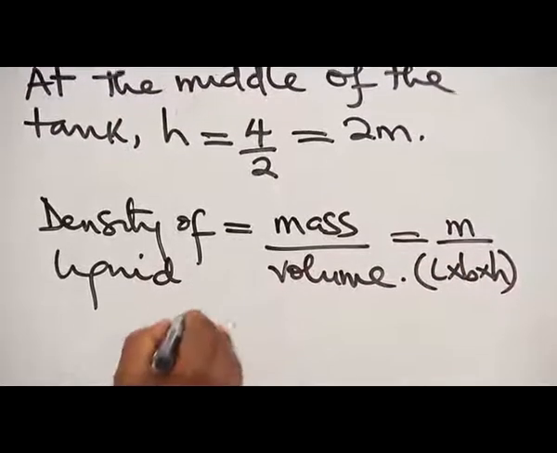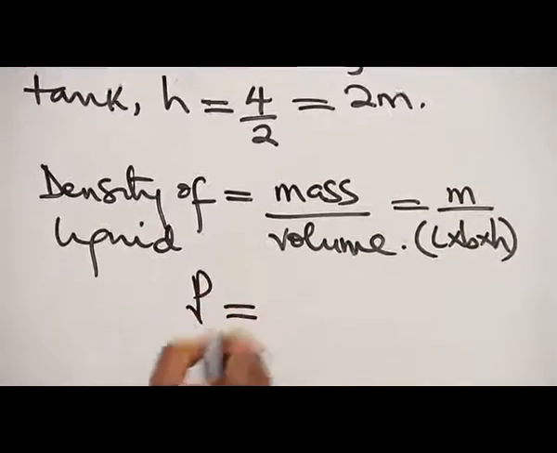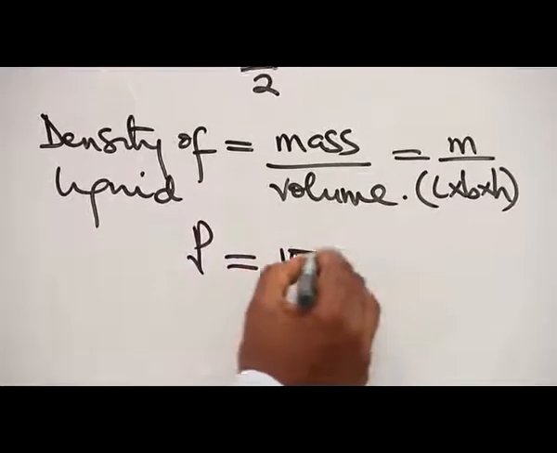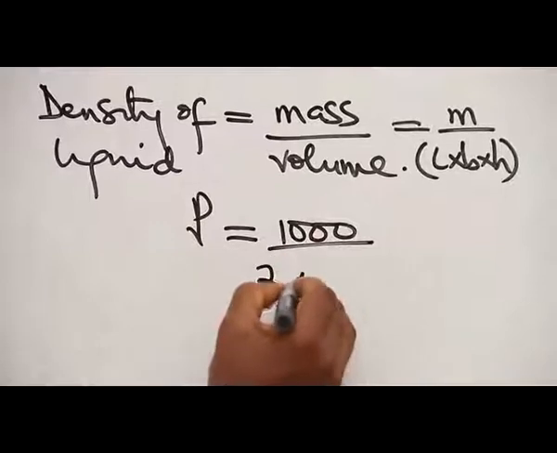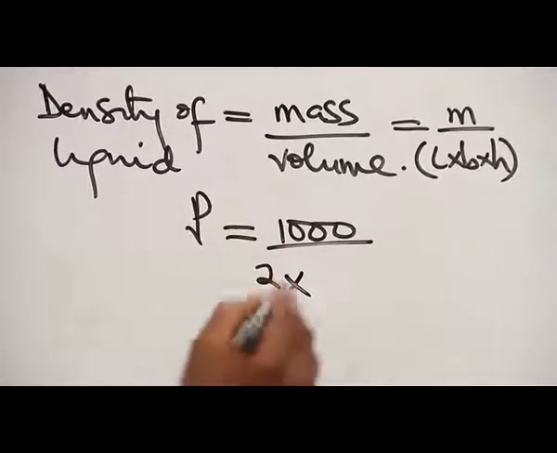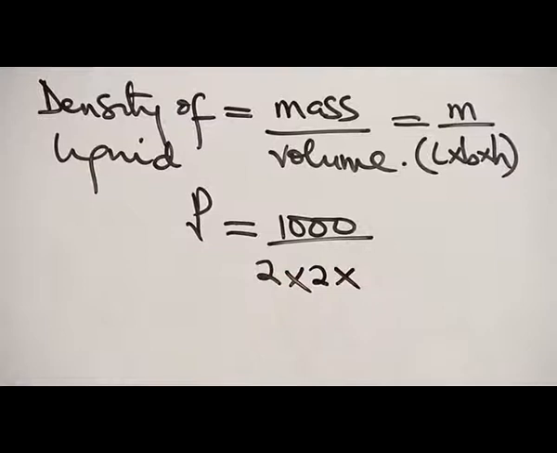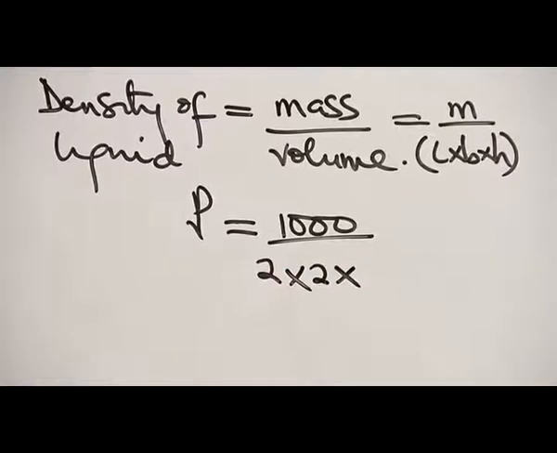So the density of the liquid is given by the mass 1000 divided by the length, the breadth, then the height.